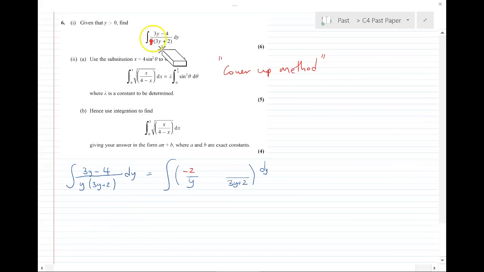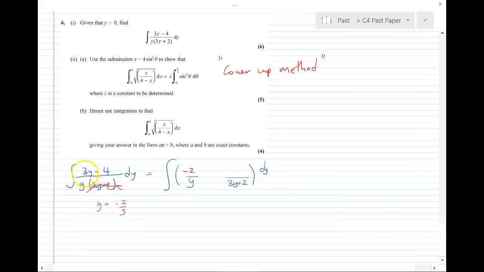Now for the other one, I need to put in the number when this factor is 0. That's equal to 0 when y equals, a little bit more problematic I suppose, but not too much, y equals minus 2/3. When y equals minus 2/3, this bit is equal to 0. I cover up this bit, and I input the number minus 2/3 in there.